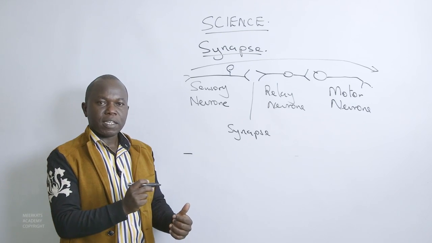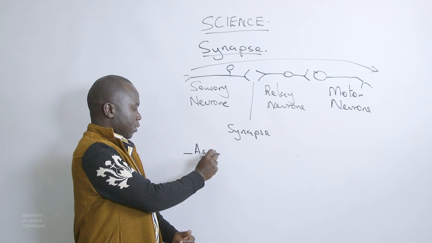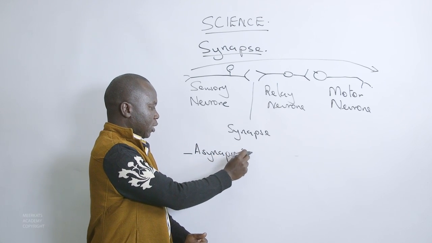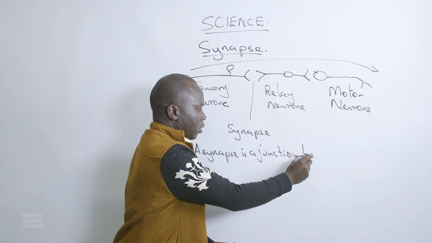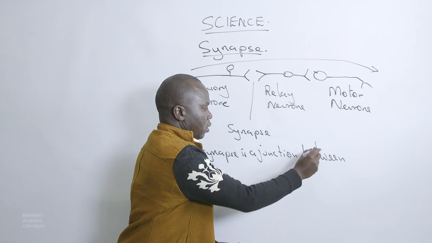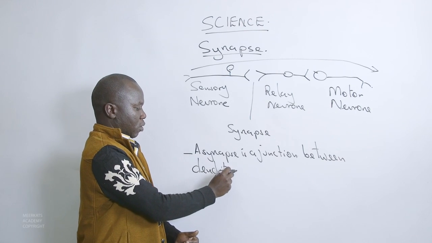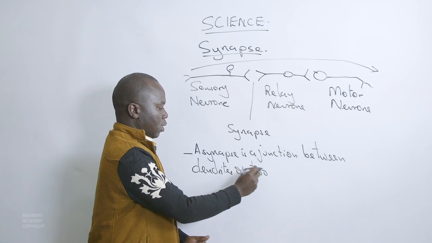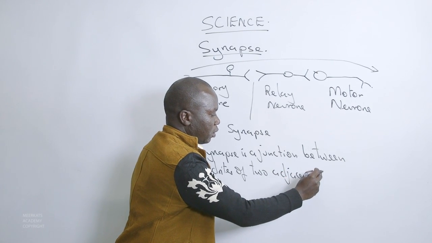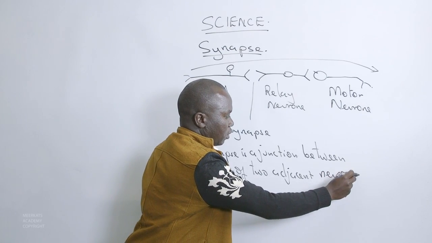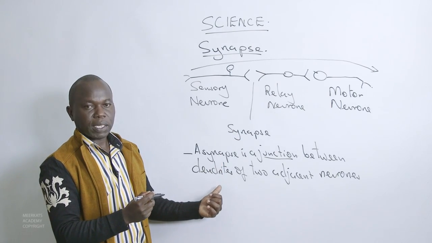By definition, a synapse is simply a gap. A synapse is a junction between dendrites of two adjacent neurons. That junction is what we are calling the synapse.